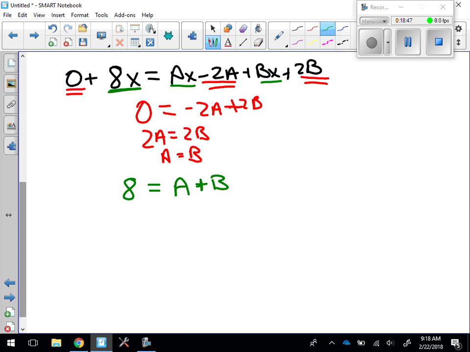Lo and behold, two equations, two unknowns. I know that a is equal to b, so I'm just going to solve for a. So I have 2a is equal to 8, or a is equal to 4, so a and b are both going to be equal to 4.